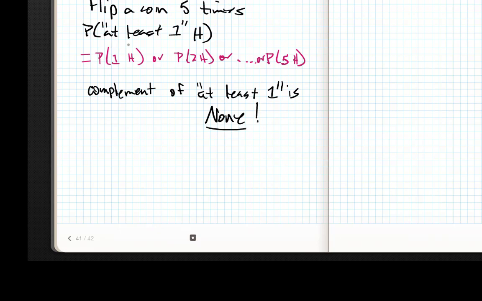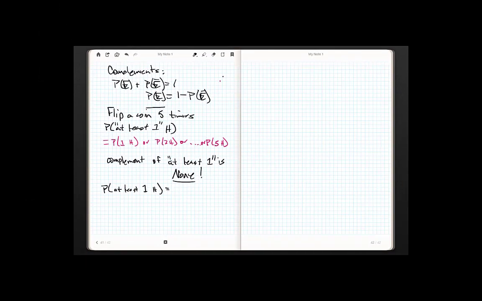So think about that. Wouldn't the probability of flipping at least one head be equal to, because of this property right here, 1 minus the probability of flipping no heads? Think about that for a second.